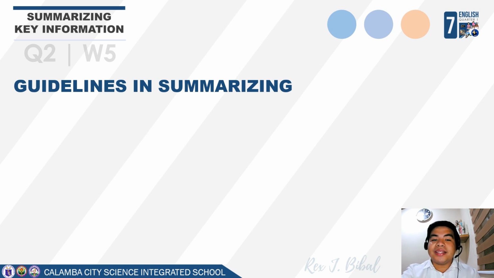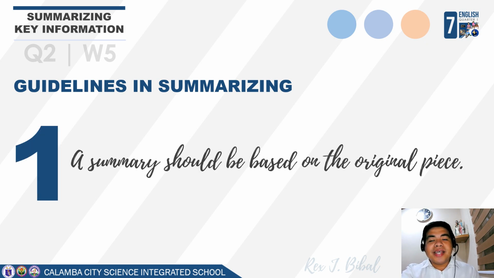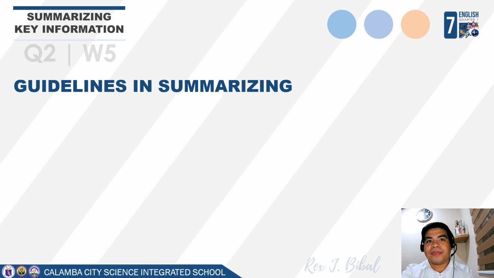I will give you 8 guidelines in writing your summary. Number 1, the summary should be based on the original piece. While you have to use your words, it does not mean that you should analyze and interpret the material using your own understanding. You can still make your summary sound like an independent piece without including misinterpretations of some sort.